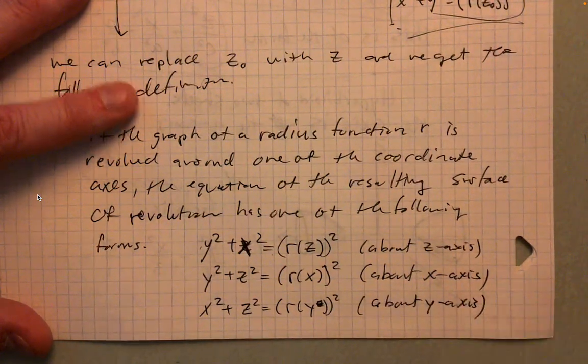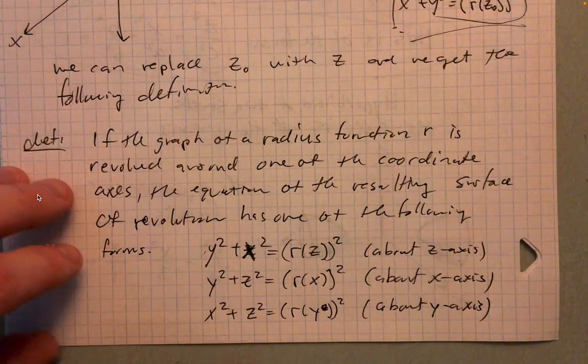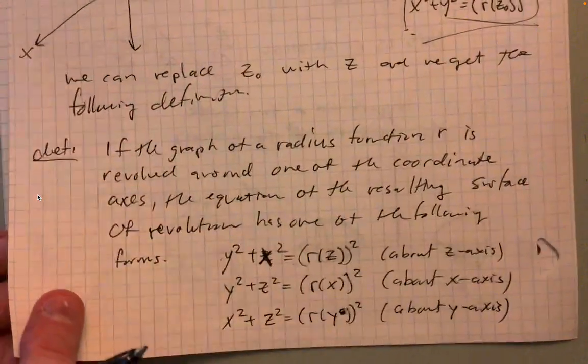So they are basically the same form. It just depends on what the axis of rotation is, and you swap out the variables as needed. Relatively straightforward. It's always basically the equation of a circle.